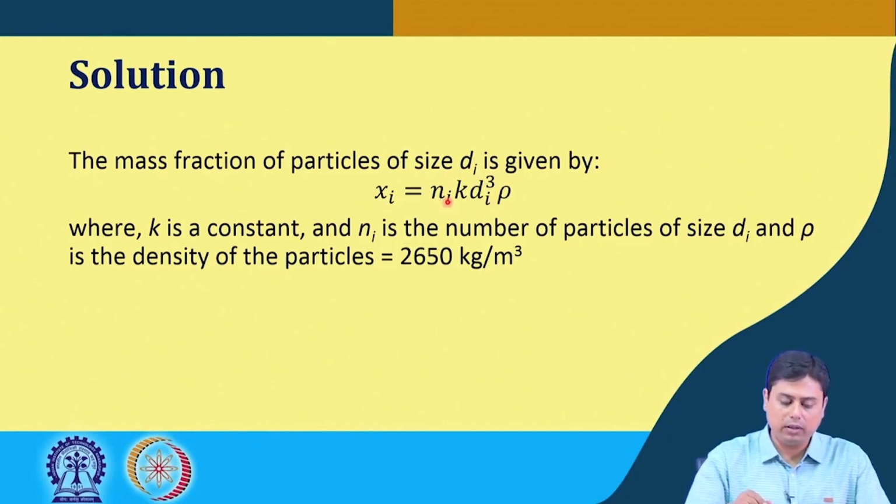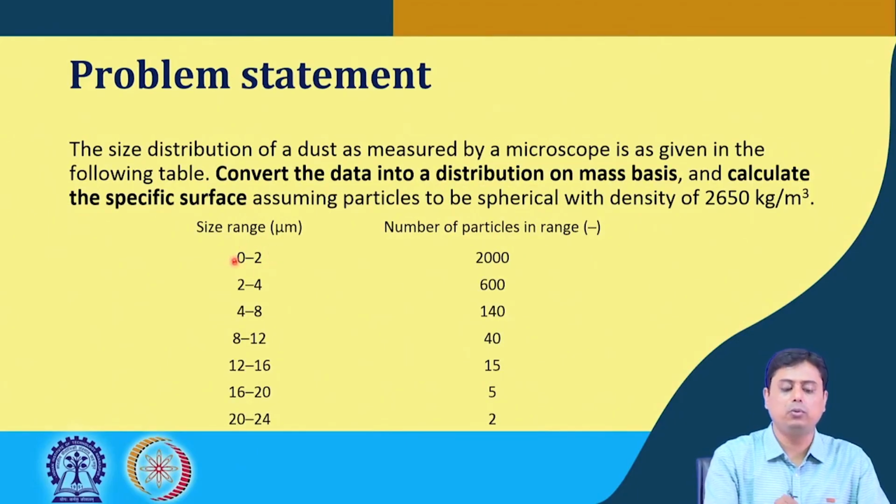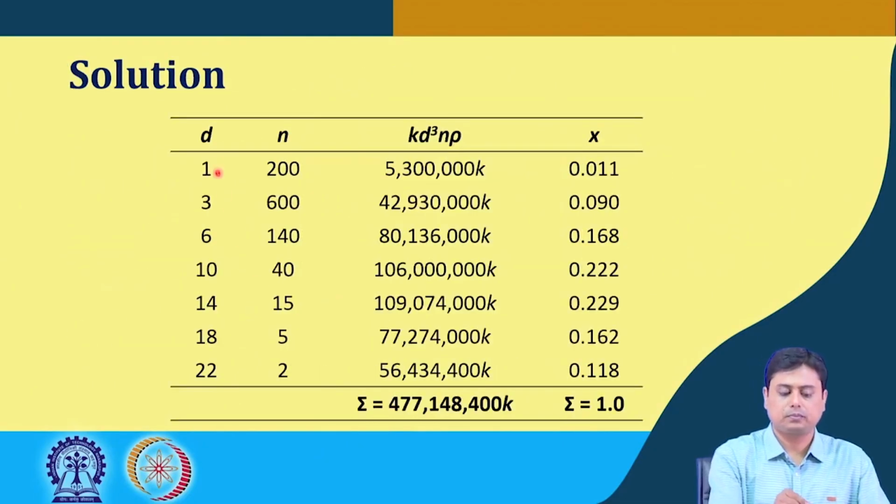Now, for this small range, what could be the d? As a simple approximation, we can take the arithmetic mean of the size range. From 0 to 2 it is 1, from 2 to 4 it is 3, from 4 to 8 it is 6. Similarly, we have our first column of this table, which is the d.